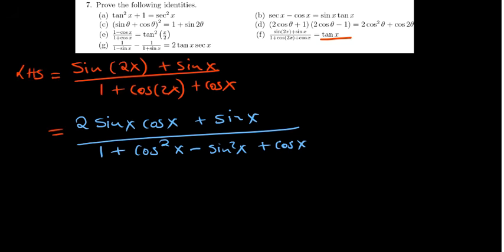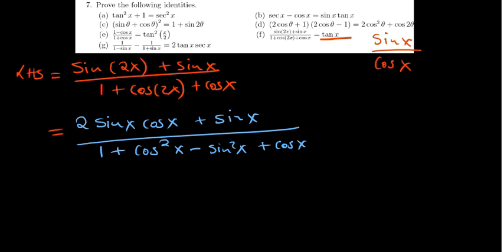If our goal is to get tan x, we expect that we need to have sine x remaining alone on top, and on the bottom we should remain with cosine of x alone. So the issue now becomes, how do you eliminate the others?